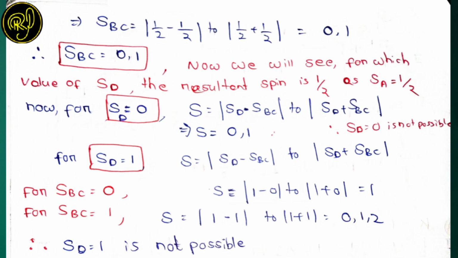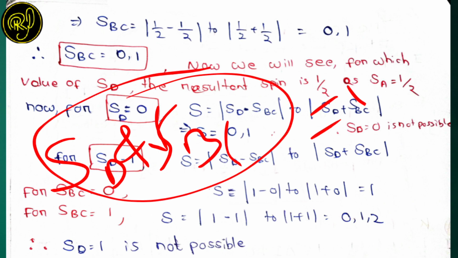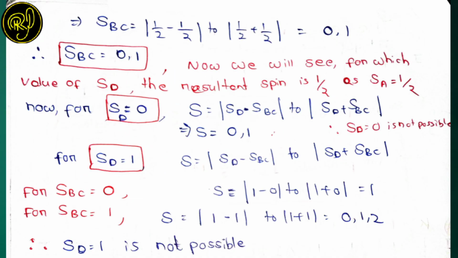So first, if I consider the value of SD to be 0, what will I get? The combined spin S, that is the combination of SD and SBC. Let this spin be S. This combined spin S for the product is given as SD minus SBC to SD plus SBC, just like the previous one. We are combining again by assuming the value of SD. So S is equal to SD minus SBC to SD plus SBC.